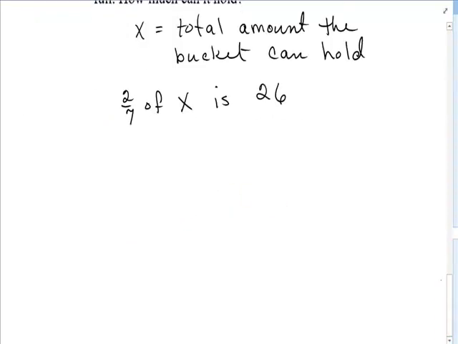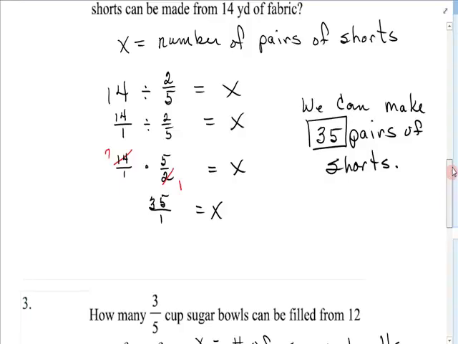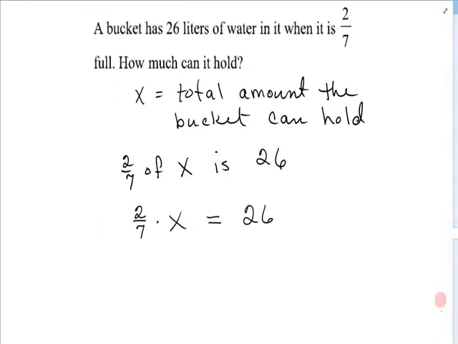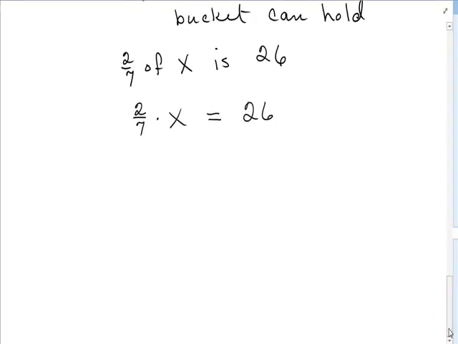Now we've talked about before that the word of can mean multiply. So this means 2/7 times X equals 26. All right, this is an equation that is unlike the others we had, and I'm going to solve this one using my rules for solving equations.